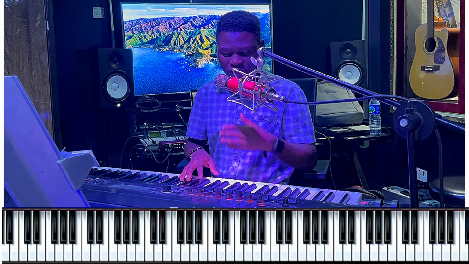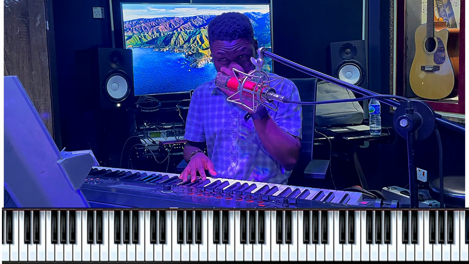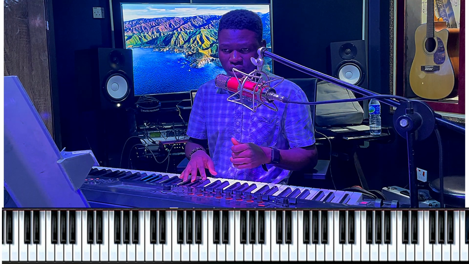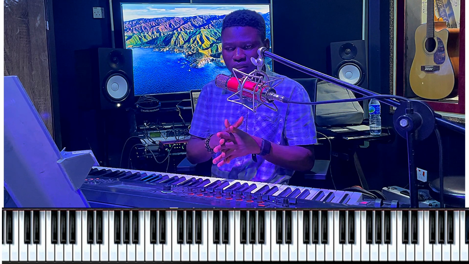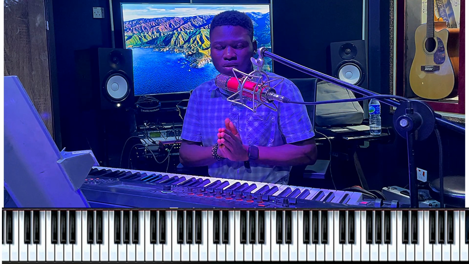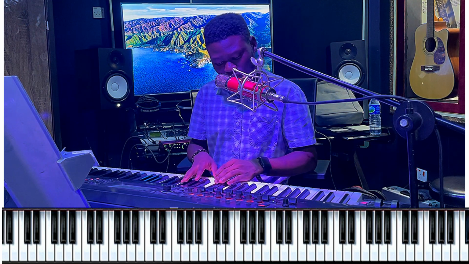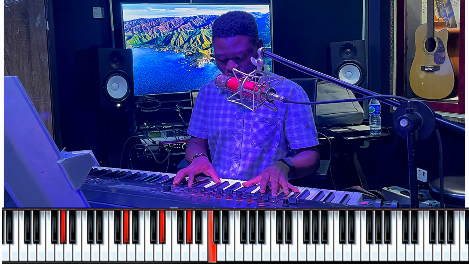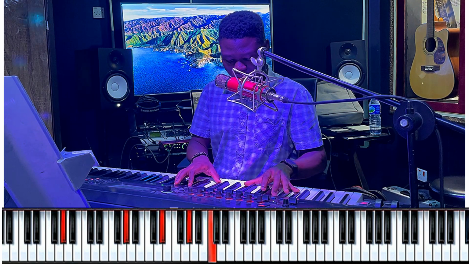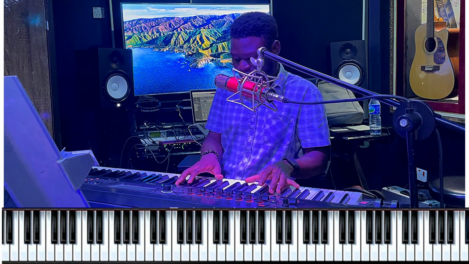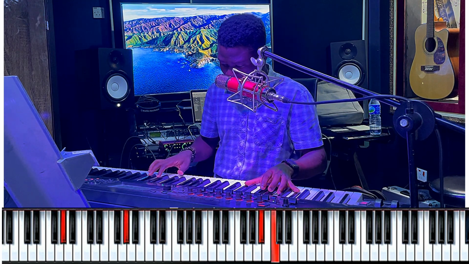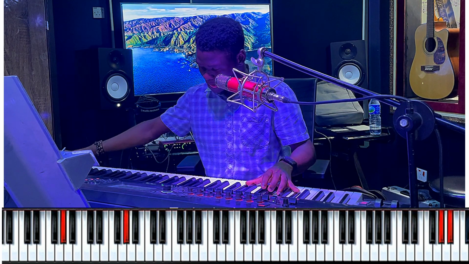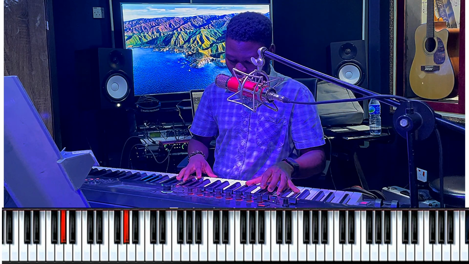And every key has a way you can structure the arpeggio pattern. You understand? So if you're on the key of A flat, you can structure your arpeggio pattern to be this.